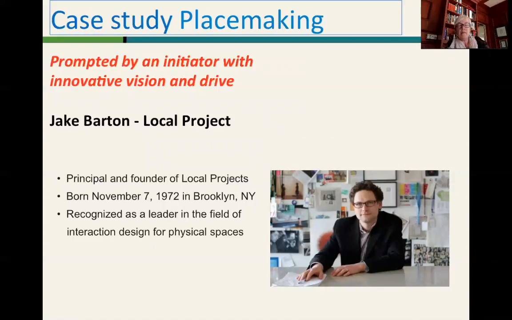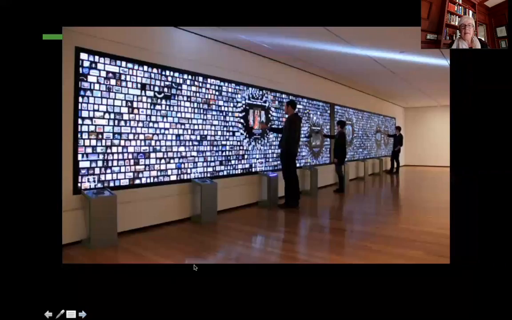Jake Barton has a company called Local Projects, Brooklyn boy. His initial entree into all this work was as an interior designer. But what was interesting with his work, and this is one of his pieces, was really trying to figure out how do I engage people and how do I take new technologies?